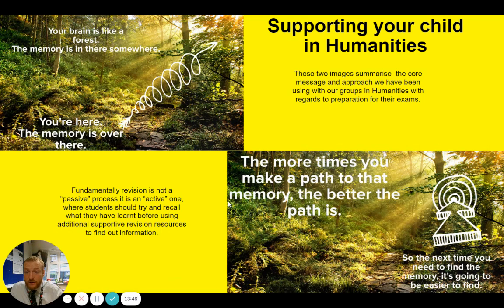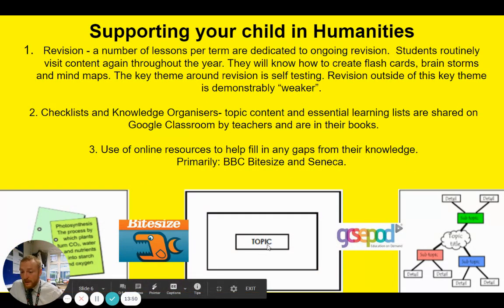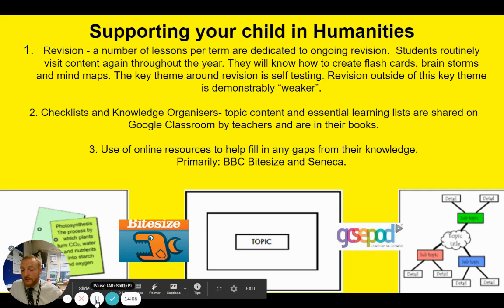So what that would look like in humanities is, for example, in geography, if a student is revising volcanoes, what we would like them to do is write volcano in the middle of a brainstorm. In the box immediately around the topic, we want them to try and remember as much information as possible around volcanoes.